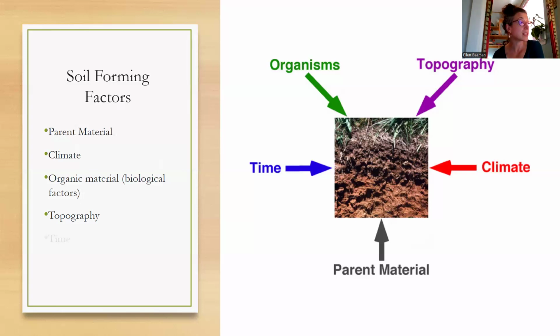So topography plays a big role, and then of course time. Time is the magic ingredient that cannot be simulated in a real world system on field scale. So it takes centuries, hundreds and hundreds of years to develop a soil.